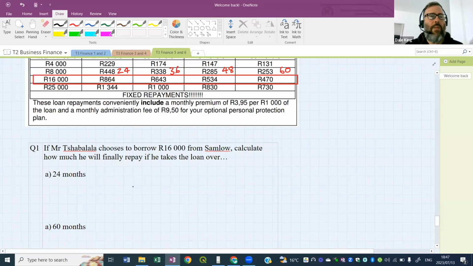How much will he pay back in total if he pays the 16,000 Rand loan over 24 months? For the 24 months, we're looking at the 864 Rand over 24. There's a monthly payment over 24 months. How much does he pay back in total? And then you're going to do the same thing with the 470 Rand payment per month over 60 months.